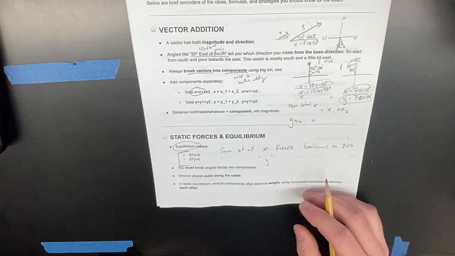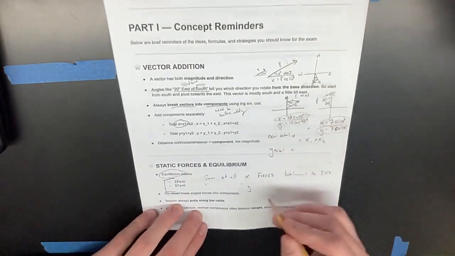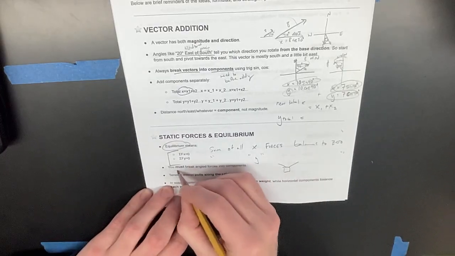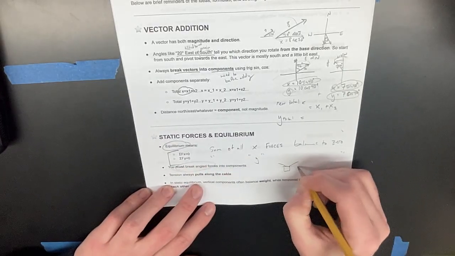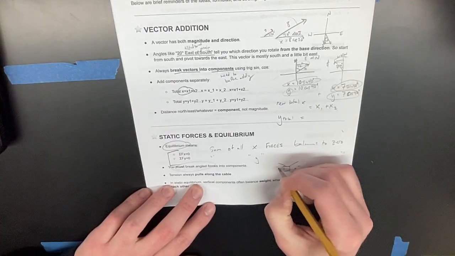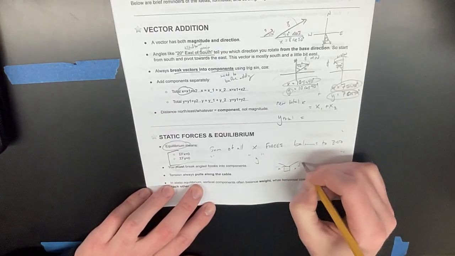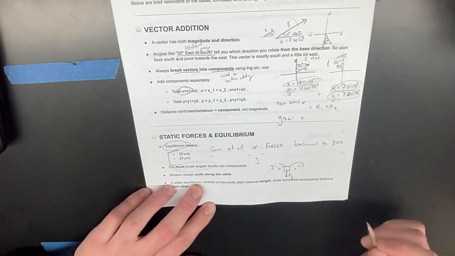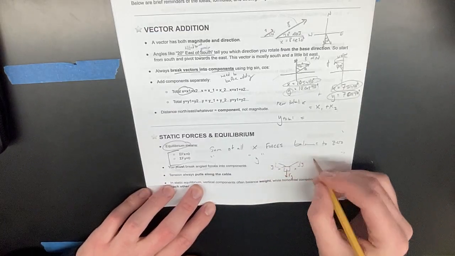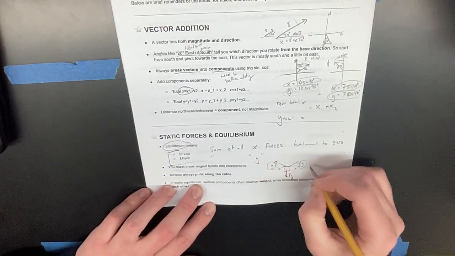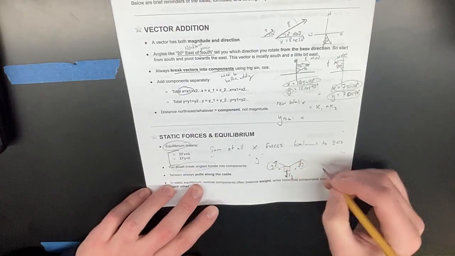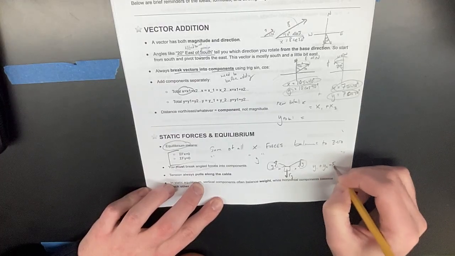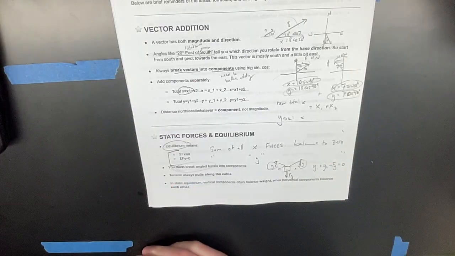So very similar to these questions, if I had a situation with a box hanging from cables, the first thing I would want to do is find the components, this x value and this x value, this y value, and then secretly the force of gravity is there as well. So in a problem that maybe looks like this, this and this both point up against this, so I'd have maybe like y1 plus y2 minus the force of gravity equals 0.